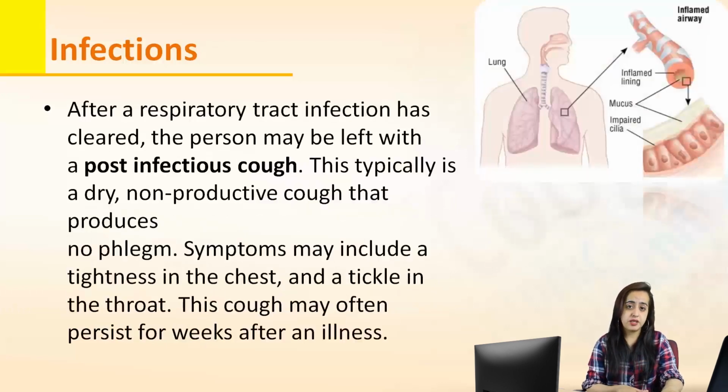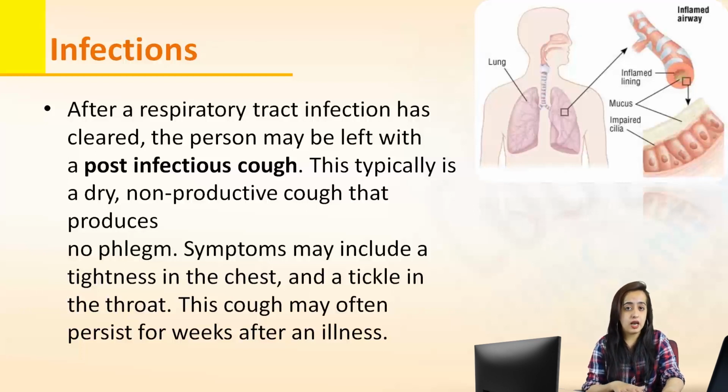After a respiratory tract infection has cleared up, the patient can be left with something called the post-infectious cough. As the name suggests, this type of cough lasts even after the infection has cleared up. Now, a post-infectious cough will typically be dry, non-productive, which does not produce any phlegm or mucus.